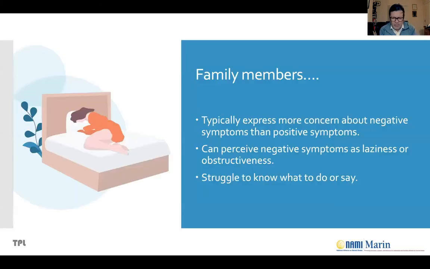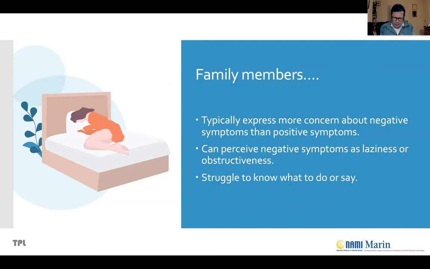So, what about family members in relation to negative symptoms? Well, they typically express more concern. I mentioned earlier frustration about the negative symptoms of their loved ones. They're certainly concerned about hallucinations and delusions as well, but negative symptoms are an ongoing worry. Sometimes the loved one thinks that they're viewed as being lazy or just difficult.